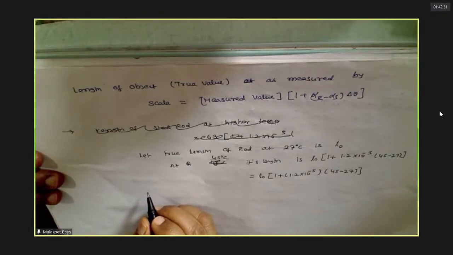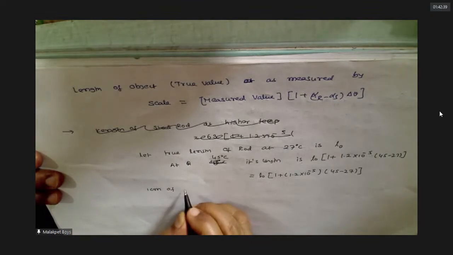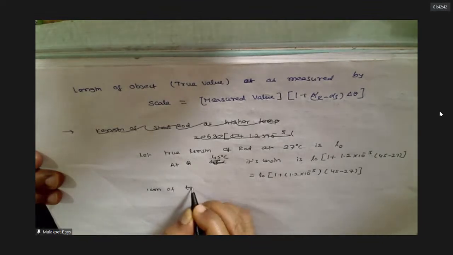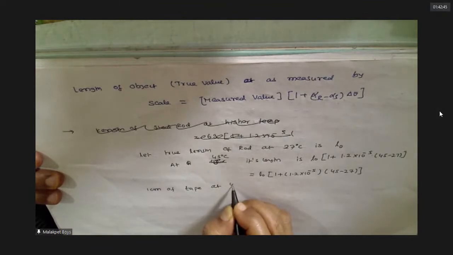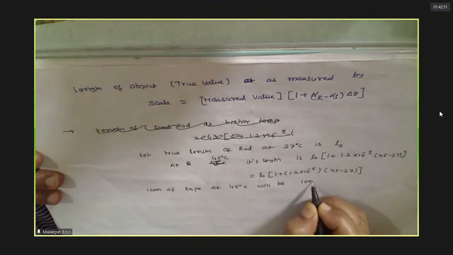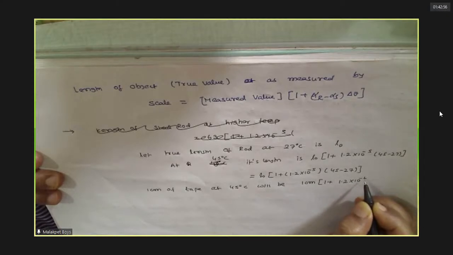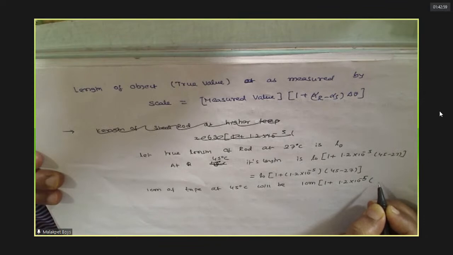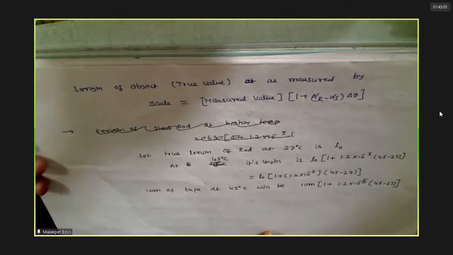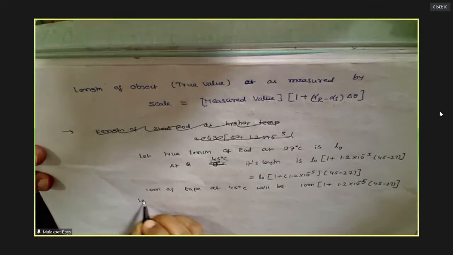Now, how much? Same value, no? Alpha. It is correct at 27 degrees now. Yes, sir. Now, what is given?